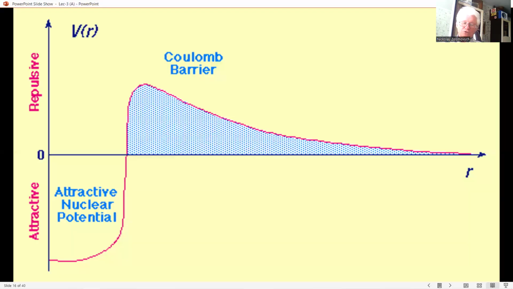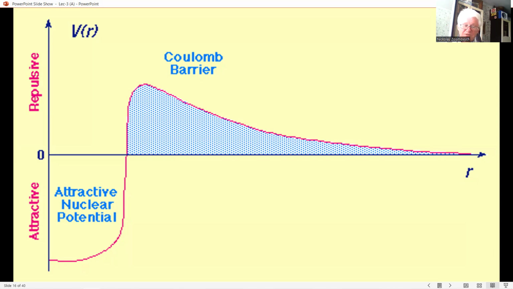But fusion reactions can occur only when the nuclei of two atoms get very close to each other. Because atomic nuclei carry positive charges, they repel each other with an electrostatic force called the Coulomb force. Physicists commonly refer to this repulsion between nuclei as the Coulomb barrier.